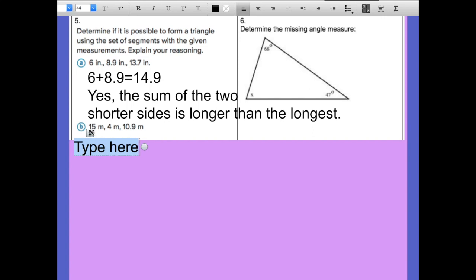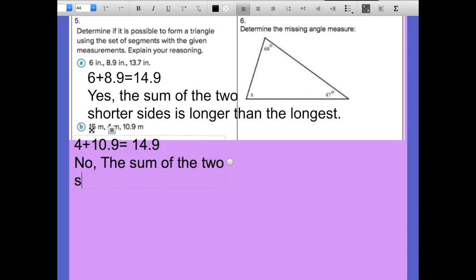And for part B, we're going to use the two short sides, 4 plus 10.9, and that is 14.9. So we're going to say no. The sum of the two shorter sides is shorter than the longest side. This will not make a triangle.